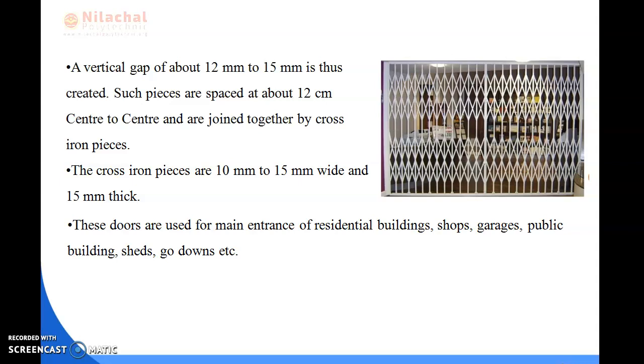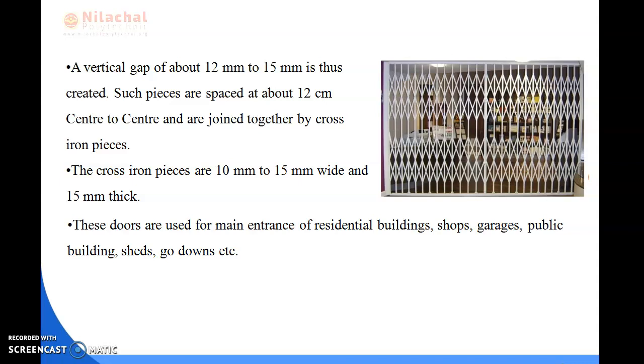A vertical gap of 12 mm to 15 mm is thus created. Such pieces are spaced at about 12 cm center to center and are joined together by the cross iron pieces.